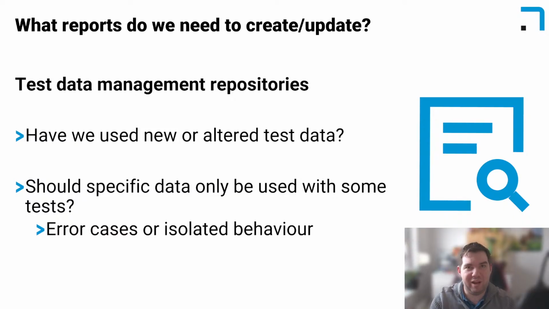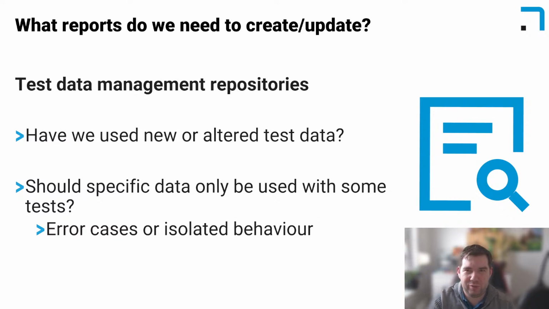Especially if in those lower environments we're mocking some kind of responses for specific test data, this should be made well and clear in our test data management that, hey, this piece of test data will always respond in this way because it's mocked, because it's stubbed, because whatever, or it will exhibit this behavior that we are testing for. Therefore, it should not be used, for example, for a happy path because it won't generate that. That's something that we need to keep an eye on, ensure that our test data management skills are up to date.